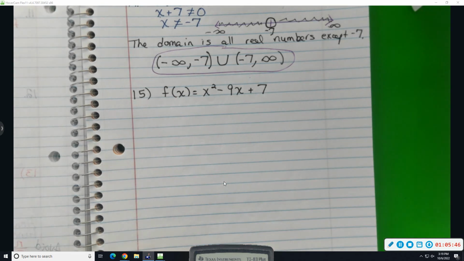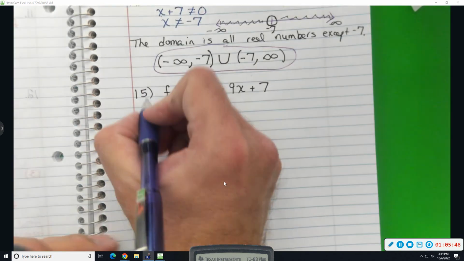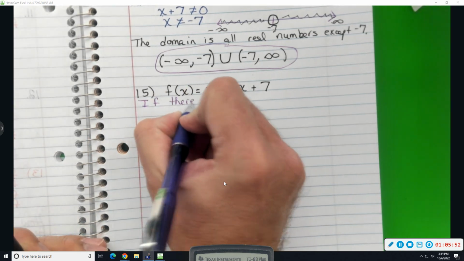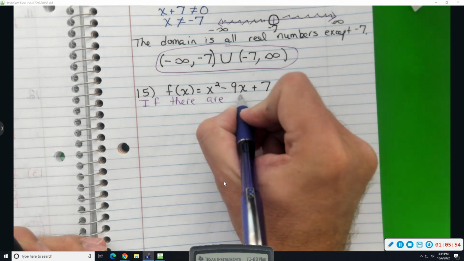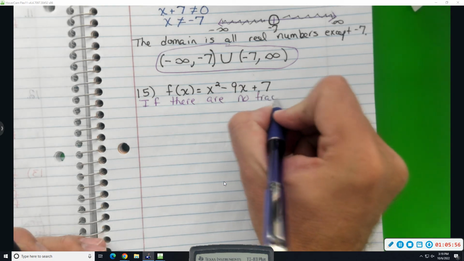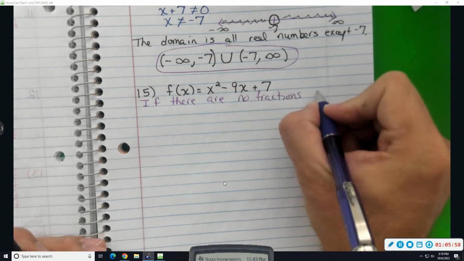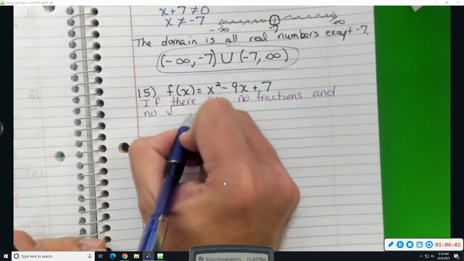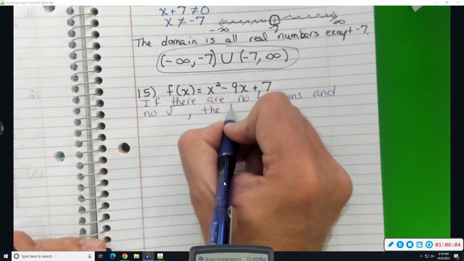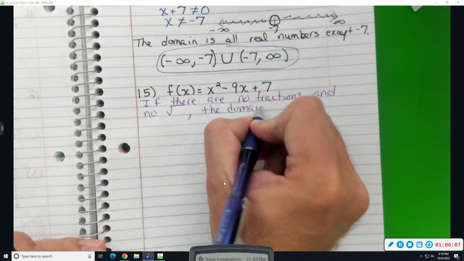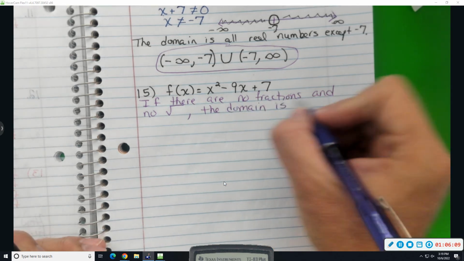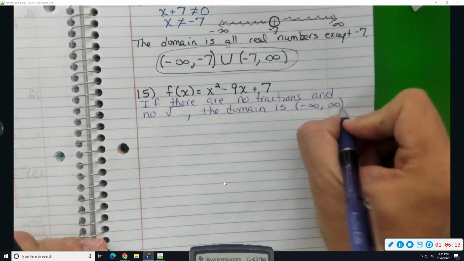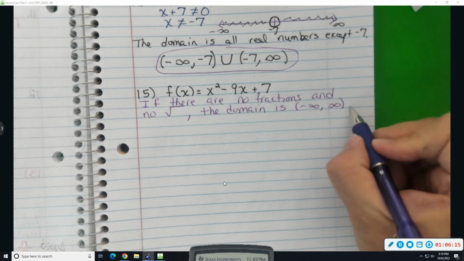So I'm going to state a general rule about domains. If there are no fractions and no square roots, the domain is just negative infinity to infinity, unless you're told otherwise.